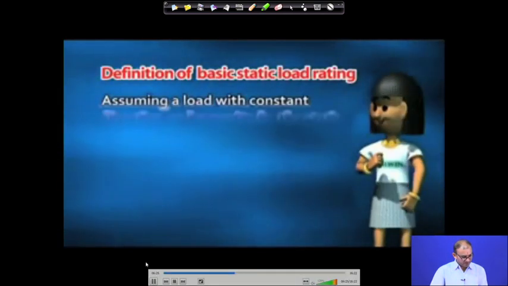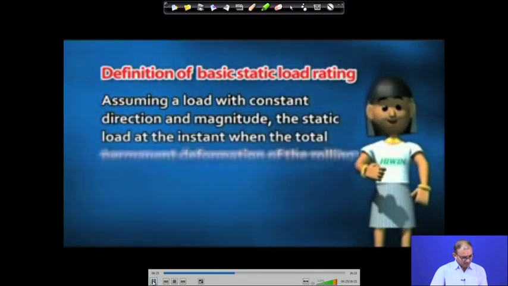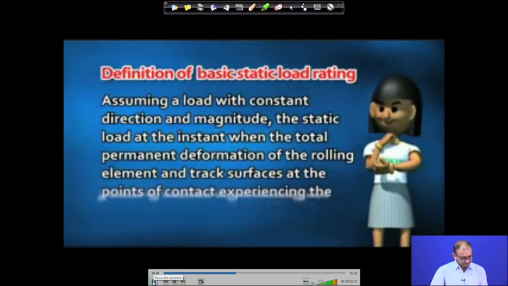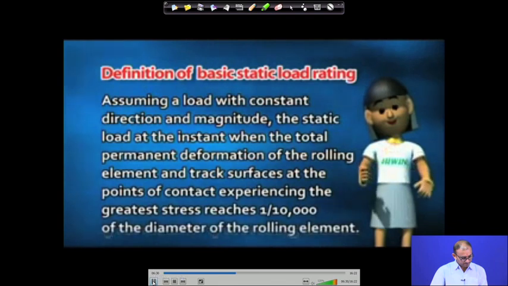So, how can you define this basic static load rating capacity? It is assuming a load with a constant direction and magnitude. The static load at the instant when the total permanent deformation of the rolling element and the track surface at the point of contact experiencing the greatest stress reaches 1/10,000th of the diameter of the rolling element.